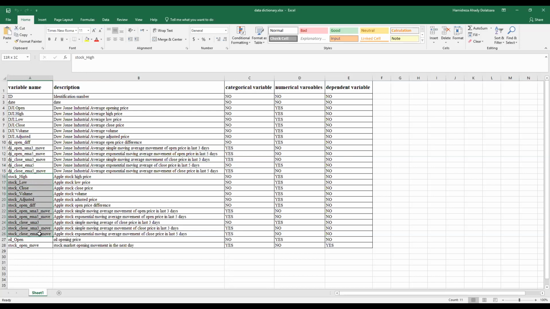regarding the stock. These are just stock values of Apple. Same as Dow Jones or DJI, we have high, low, close, total volume, and adjusted price. Also, there are some synthesized variables like differences of open price between yesterday and today, simple moving average, exponential moving average, and movement, or just a continuous variable.